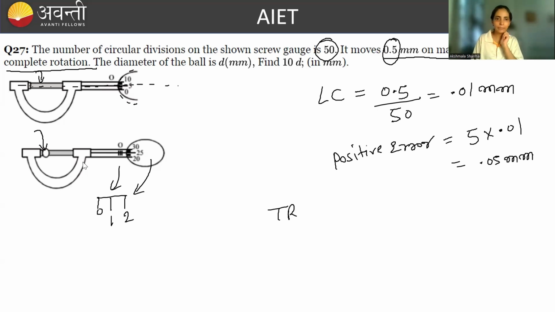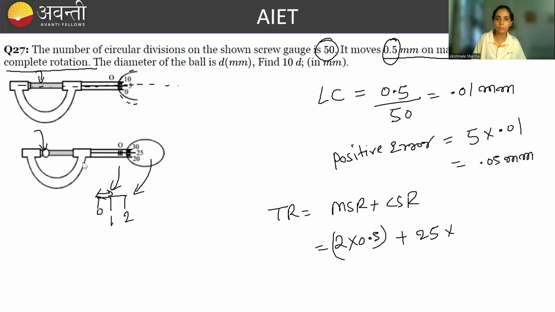So total reading is main scale reading plus circular scale reading. Main scale reading 2 unit into, if 1 unit measurement has how much value, that is 0.5 millimeter. So this is 1. Circular scale reading will be 25 into least count, that is 0.01, and this is minus 0.05 actual value.